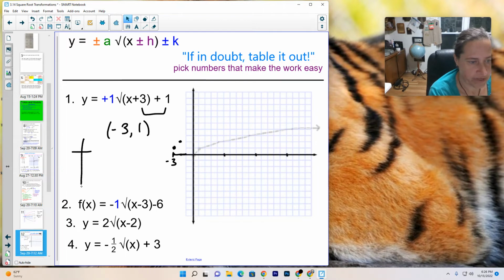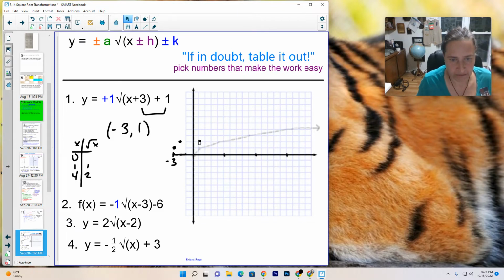Remember, if I go 0, 0, 1 would be the square root of 1, 4 would be the square root of 4, which is 2. So this is the square root of x and x. 1, 2, 3, 4, and from the dot up 2. There we go, so I'm going over 4 and up 2.